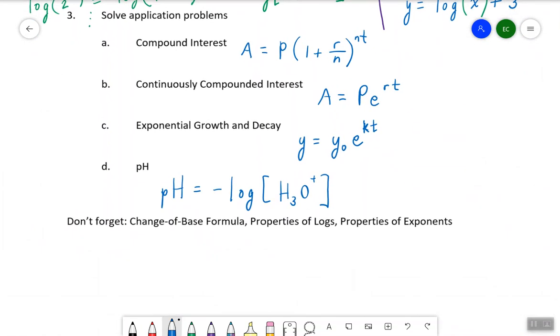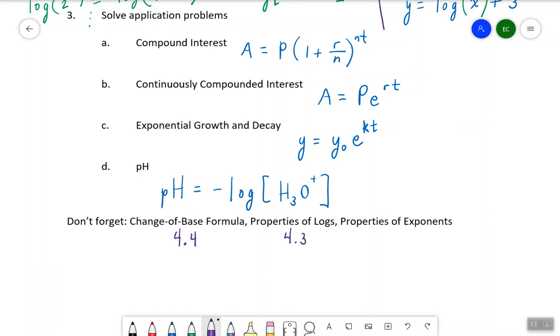And then last, I want to mention the change of base formula. You should know that. It's in section 4.4. I don't think I need to write it down here, but you should definitely look at it. There are 3 big properties of logs, and then there are 2 more properties, 5 total officially in your notes for section 4.3.